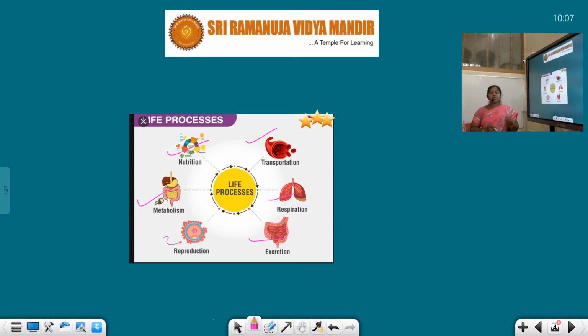For survival, we all require food, then only our body will get energy to carry out our routine work. Transportation: whatever food is taken by the animal has to be converted into small nutrients. Those nutrients should be supplied to the different body cells, and that takes place by transportation.